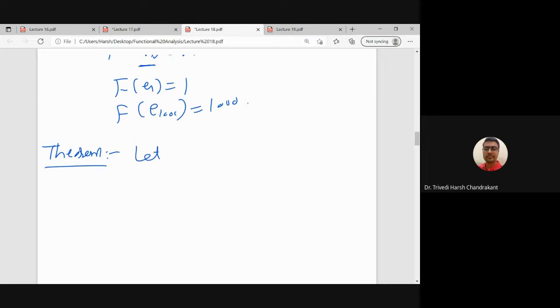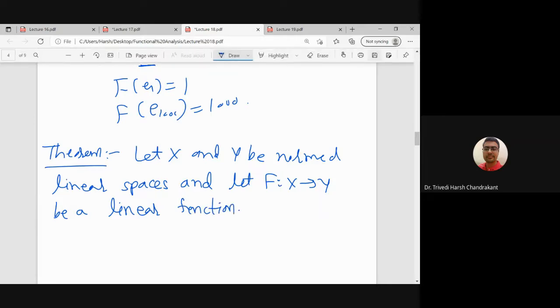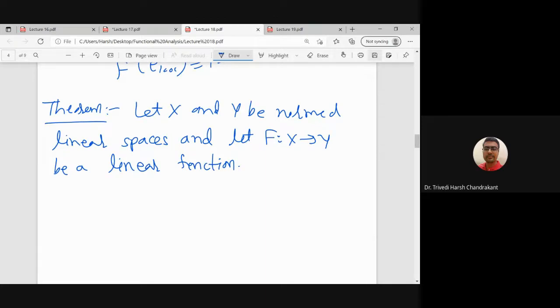So let x and y be normed linear spaces, and let f from x to y be a linear function. Then the following statements are equivalent.